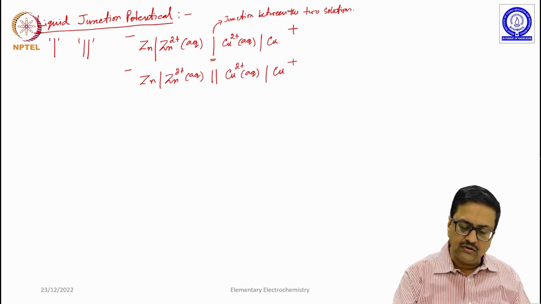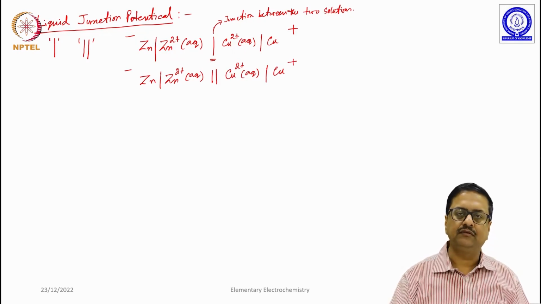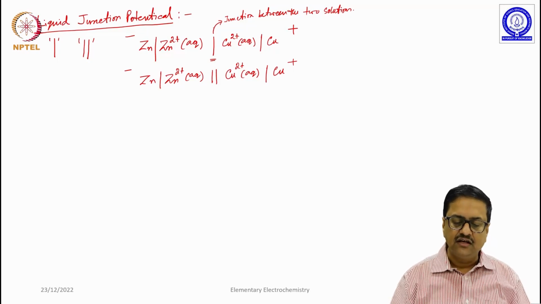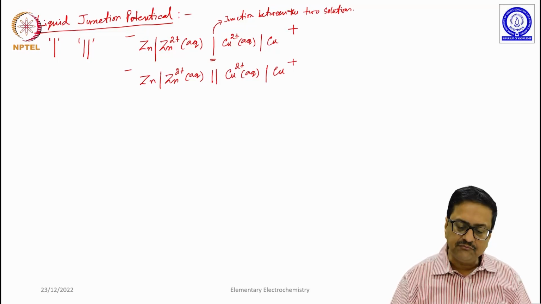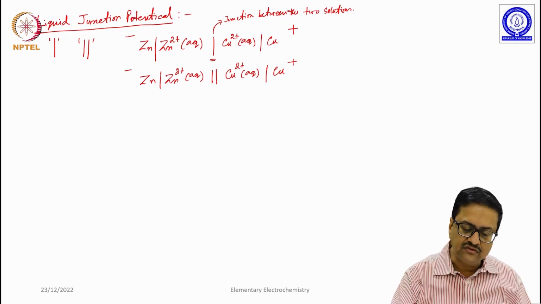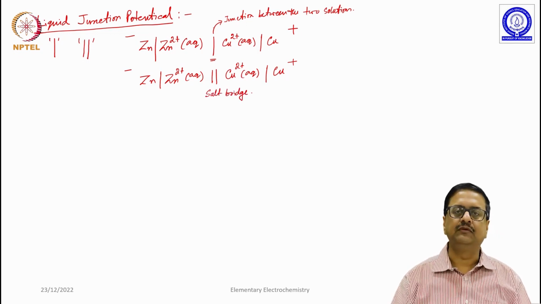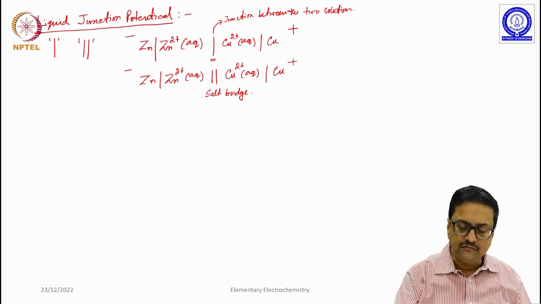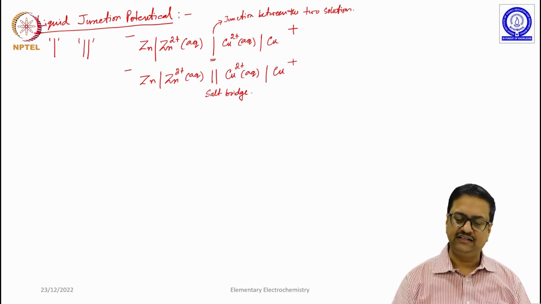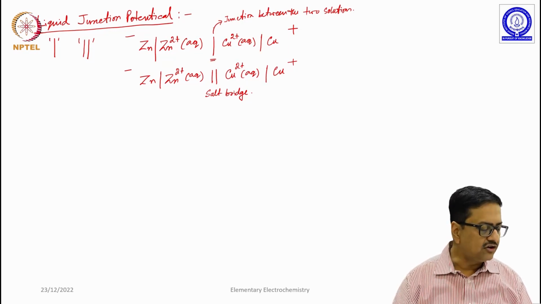To overcome the problem related to the passage of ions and giving you an imbalance, one has to use something called a salt bridge, which is written as a double line. So, a semi-permeable membrane is written as a single line and a salt bridge is written as a double line.